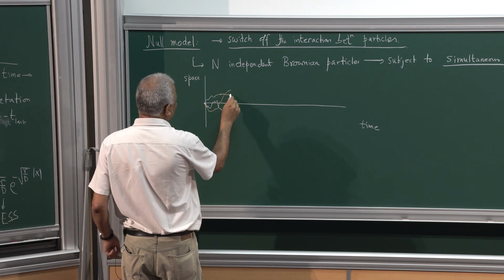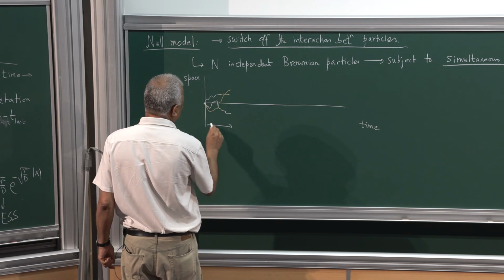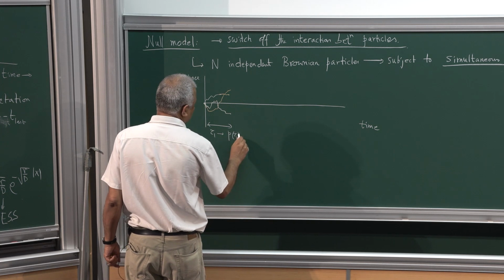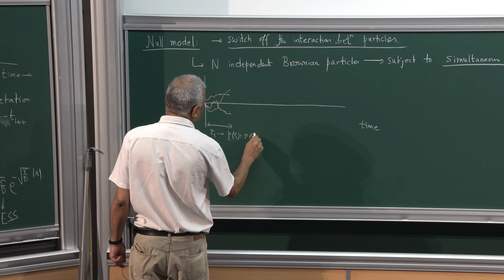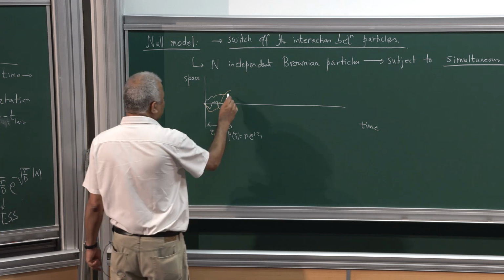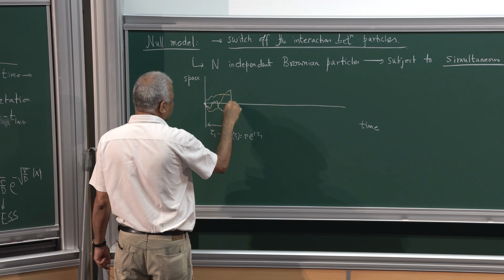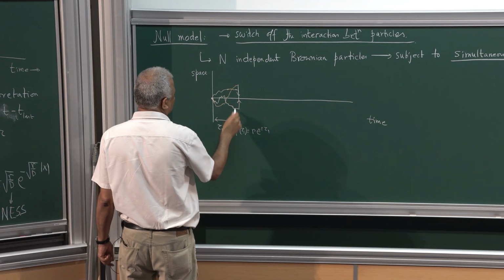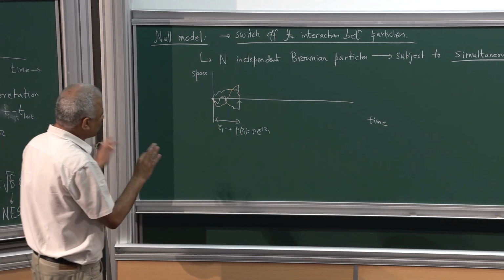So this is n equal to 3, and then after some random time tau 1 drawn from, you can choose any distribution you like, but this is the simplest thing, so I'll just stick to this Poissonian resetting. And after this, they all simultaneously get reset to the origin. They can cross in between because they are totally independent.